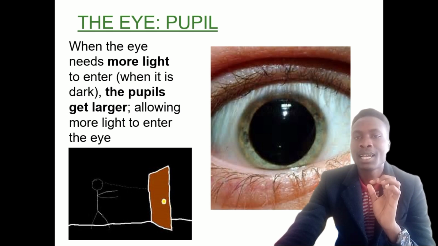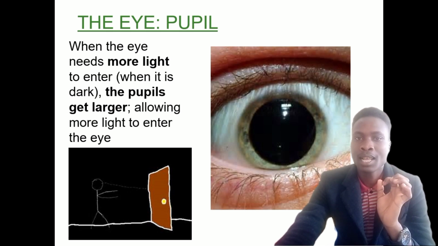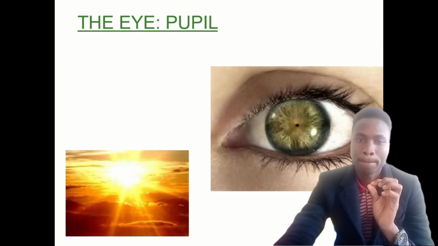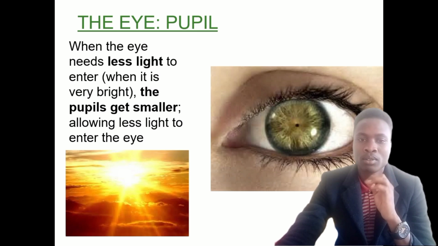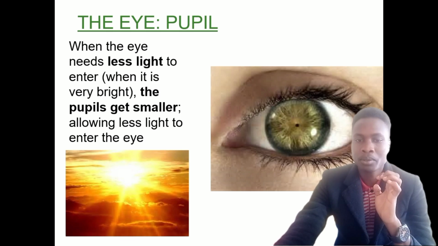The pupils get larger to create more space for the light to enter the eye, so that you can view what you want to see. When the eye needs less light, or when it is very bright, like now I'm in bright conditions, the pupils get smaller. When the pupil gets smaller, it allows less light to enter the eye.